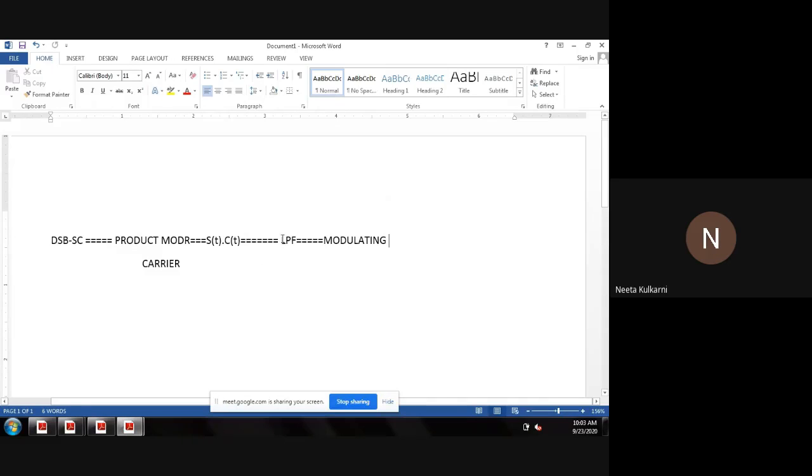Another concept is that instead of this low pass filter, what another circuit you can use to demodulate the AM signal and get modulating signal at the output? लो पास फिल्टरच्या ऐवजी कुठलं सर्किट यूज करू शकतो आपण तिथं दुसरं? Which another circuit we can use instead of low pass filter?